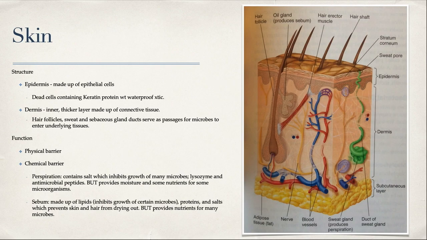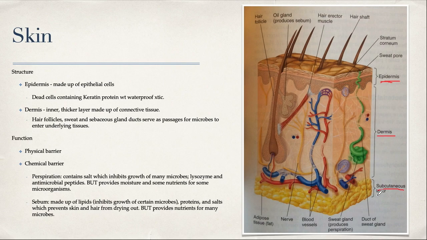So the structure of the skin is, broadly speaking, in terms of layers, you have three layers. You have the epidermis, you have the dermis, and then the fat layer or subcutaneous layer.